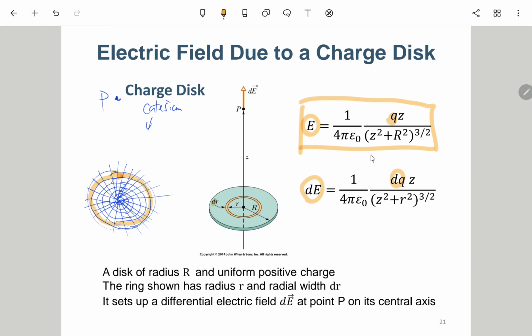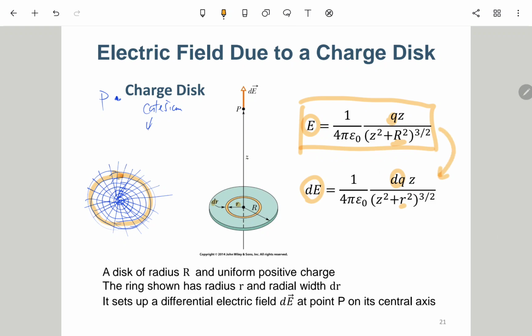And we also change this capital R to small r, because the capital R is the radius of the disk, but for every small ring we consider the radius of the ring to be small r. So here we use the small r instead of capital R. So that's the basic setup.